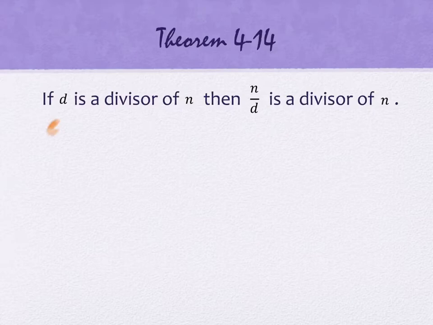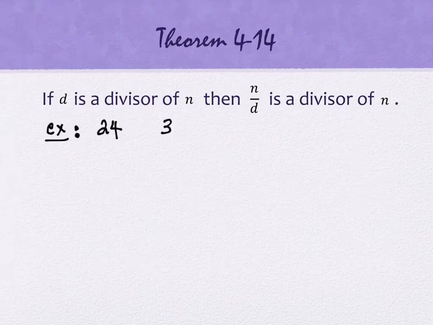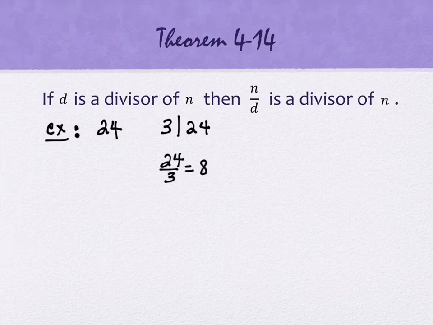Let's say that we're looking at the number 24. We know that 3 divides 24, and it does, right? Then if you took 24 divided by 3, you would get 8, and 8 would also divide 24. So these numbers that divide whatever value we're looking at come in pairs.